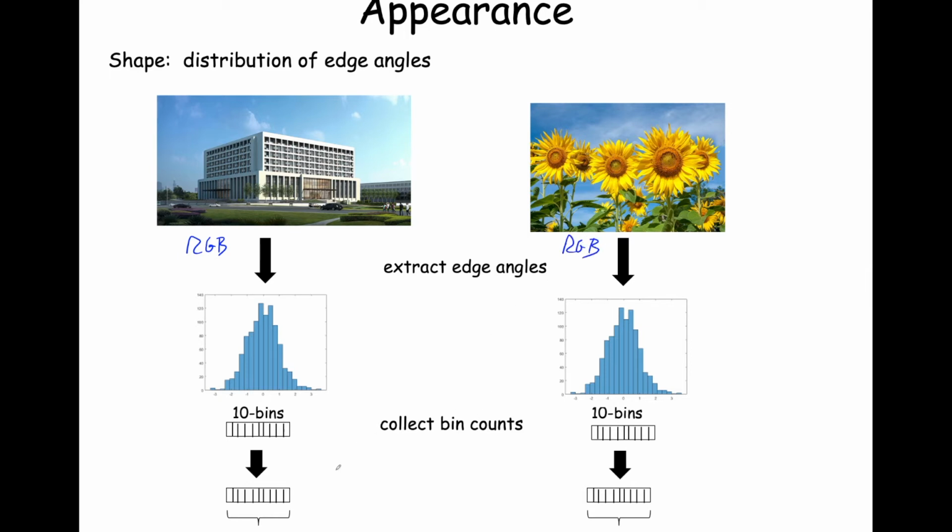Okay, so now you have these 10 bins, and you take those bin counts representing the edge features or the shape description for the content of the edges of the image, and then you do also the same for the sunflower image, its histogram of edge orientations theta. Those 10 bins, those bin counts, represent the shape content for this image of the sunflower field.